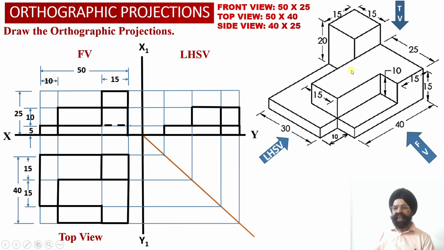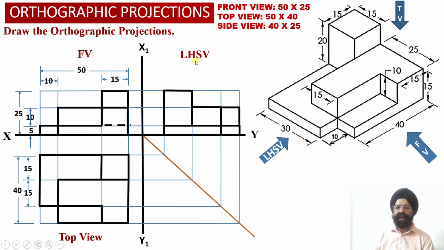So this is the rectangular face of the square prism, which will be visible to the observer as a true shape into the left hand side view projections over here onto the profile plane. So here we are going to obtain the true shape rectangular projections available onto the rear side of the solid in the left hand side view.